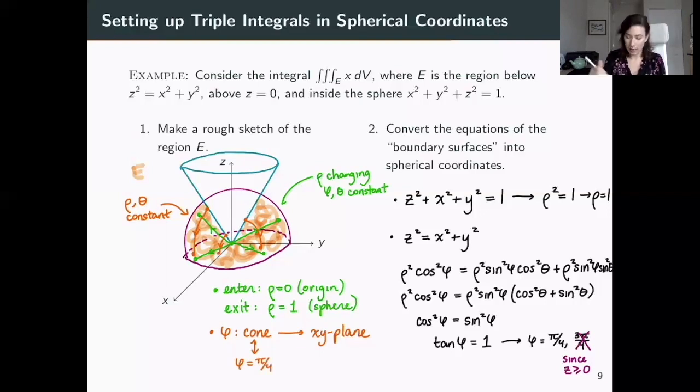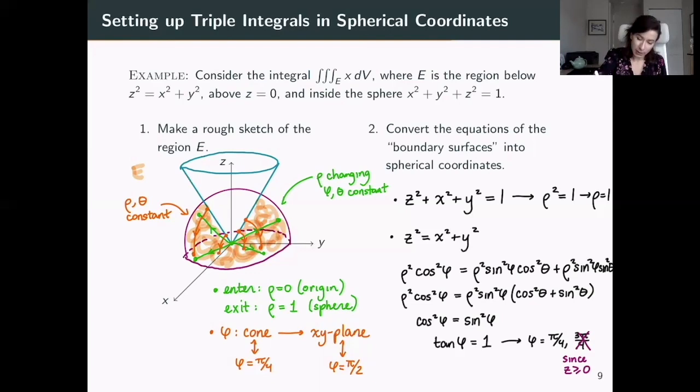And the xy plane is the angle down from the z-axis, and that's just going to be phi equal to pi over 2. So our phi is always going to range from pi over 4 to pi over 2, for all of these entrances and exits for our angle phi.